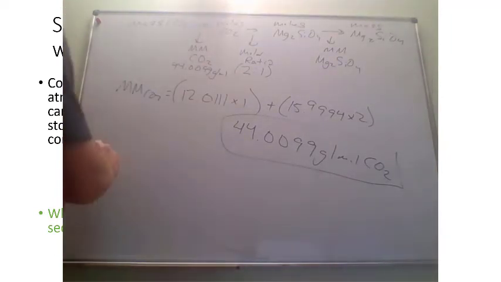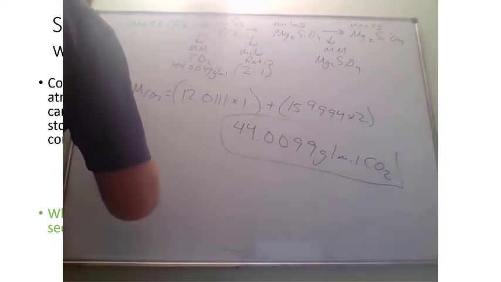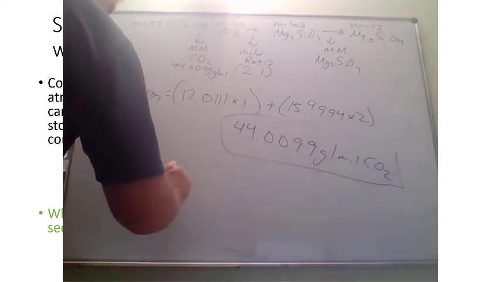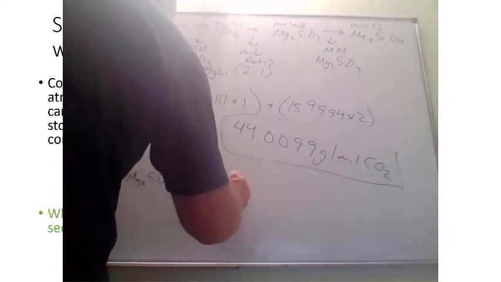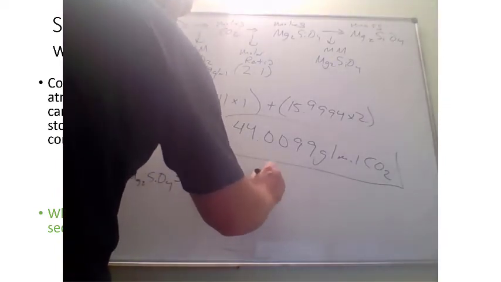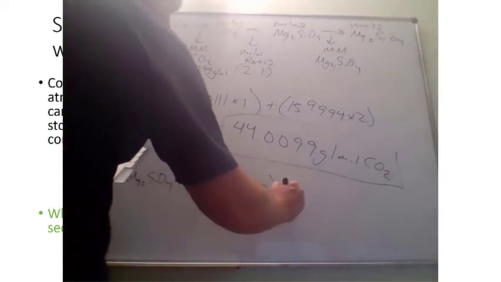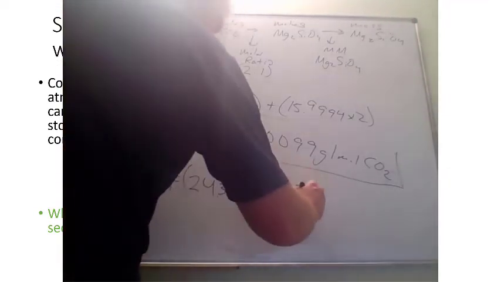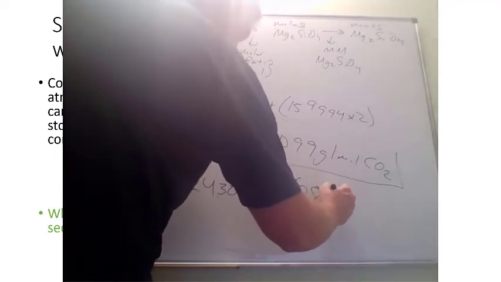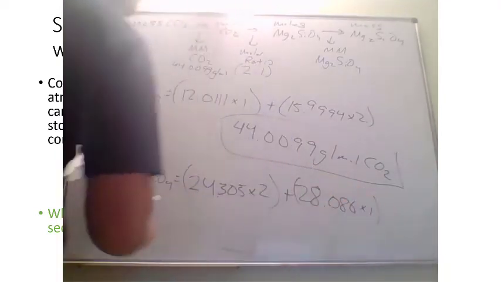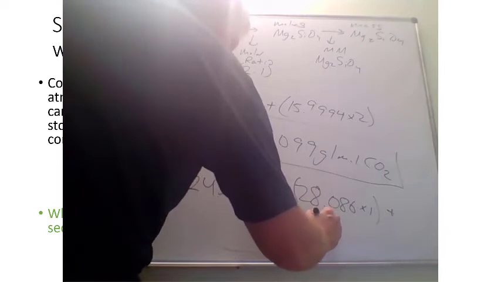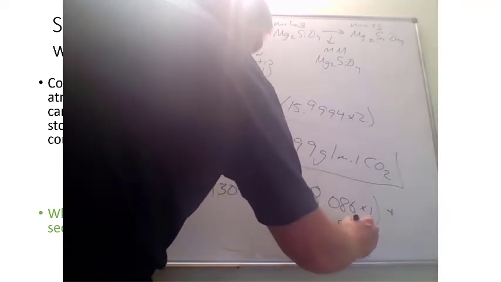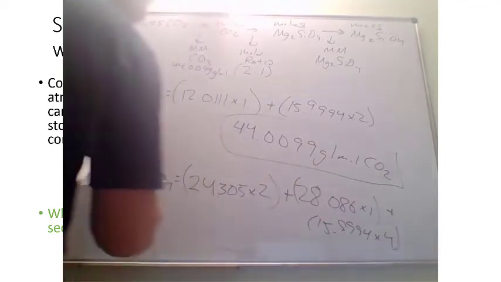Okay, next we find our molar mass for the Mg2SiO4. So that's going to be our atomic weight for magnesium, 24.305 times 2, because there's 2, plus the atomic weight for silicon, which is 28.086 times 1, because there's only one silicon, plus our atomic weight for oxygen, which is 15.9994 times 4, because there's 4 oxygens.